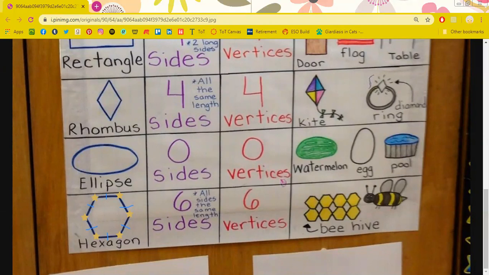That's 0 sides. Vertices are our corners. That's where 2 lines meet and make a corner. And all shapes, if you want them to be a closed shape, have to have the same number of sides and vertices. If those numbers don't match, there's a gap, there's a hole, it is open.